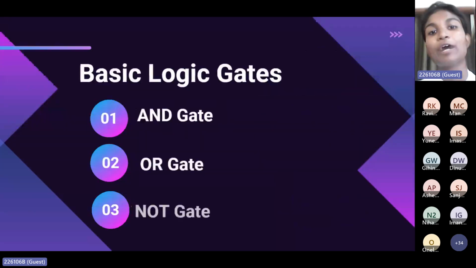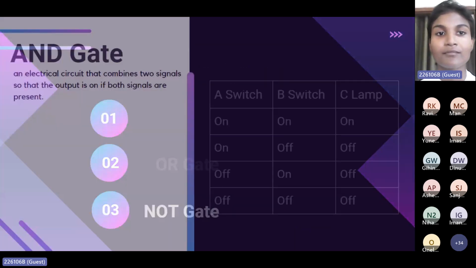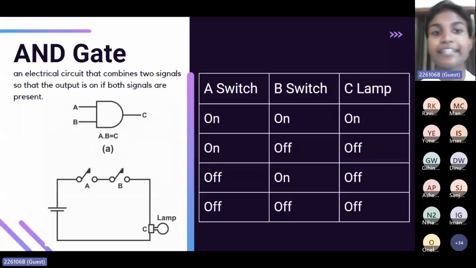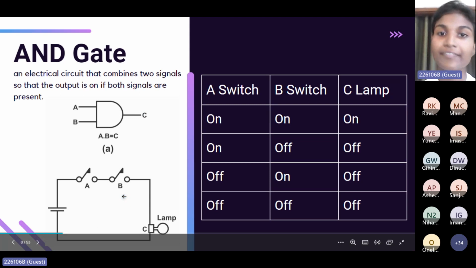Now we'll learn about the basic logic gates. There are 3 main basic logic gates: AND gate, OR gate, and the NOT gate. AND gate. An AND gate is a logic gate that has two inputs, and the output is on if both inputs are present. And here you can see the symbol of the AND gate, and here is a circuit to help you understand the AND gate.